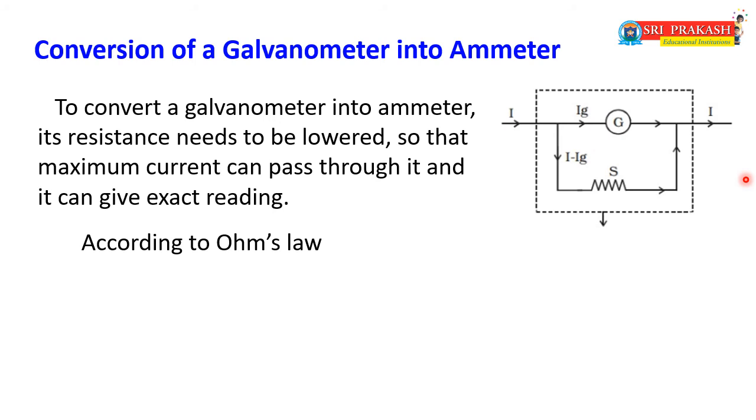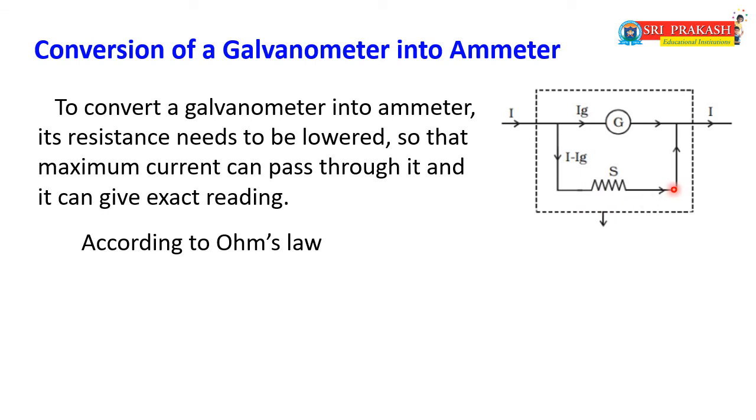According to Ohm's law, here we can get the Ig or shunt resistance expression. For that purpose, you can observe it's a parallel circuit. Galvanometer and shunt resistance both are in parallel. So if both are parallel, voltage across the galvanometer and voltage across the shunt are the same.